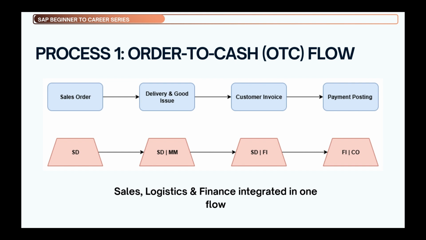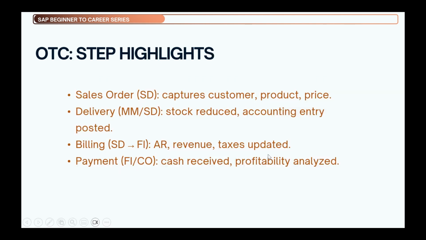So sales, logistics, and finance functionalities have been integrated in one flow. Even the business process has been integrated, and the SAP process is also integrated. These are the high level steps involved in the order to cash process.